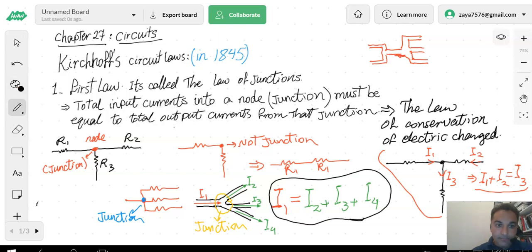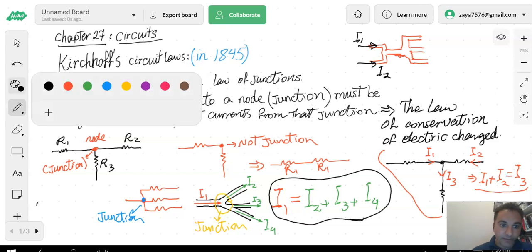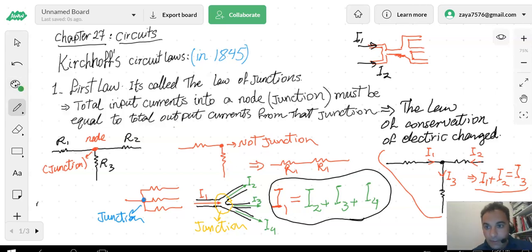Let's say this is I1. Let's say this is I2. Then these are output, I3, I4, I5, correct? What can I write for this picture?